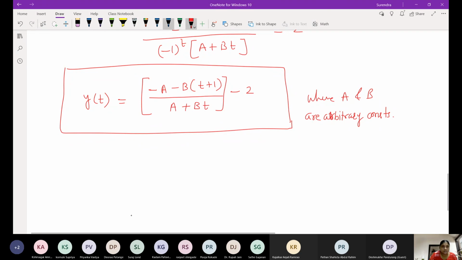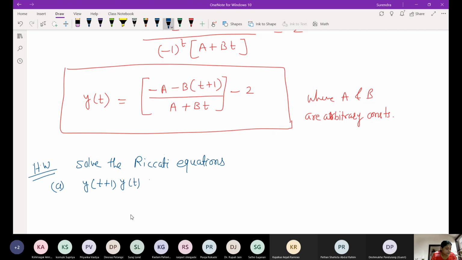Take homework. Solve the Riccati equations. y at t plus 1 into yt plus 2 times y at t plus 1 plus 7 times yt plus 20 is equal to 0.